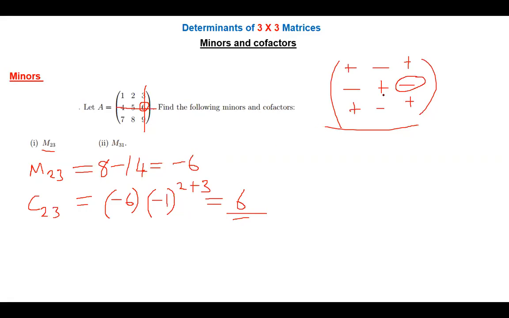So if you want, you can go on using this, or you can just raise negative 1 to the power of the sum of what you've been given. If you've been given 2 and 3, you just have to add 2 plus 3, and the answer that you get, you raise negative 1 to that answer. And then the final answer you get, you multiply it with the minor that you found.